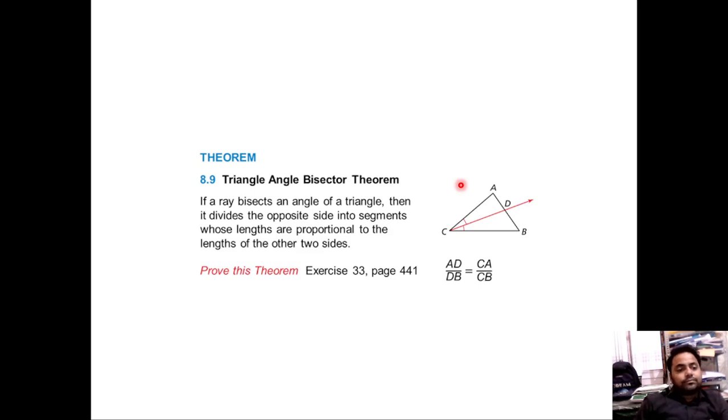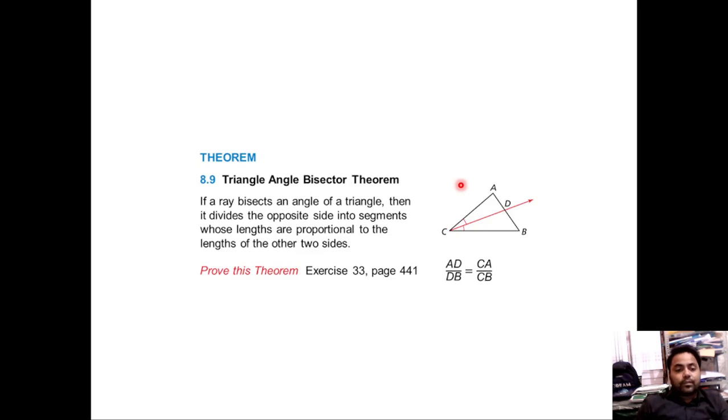Now triangle angle bisector theorem. If a ray bisects an angle of a triangle, then it divides the opposite side into segments whose lengths are proportional to the lengths of the other two sides.